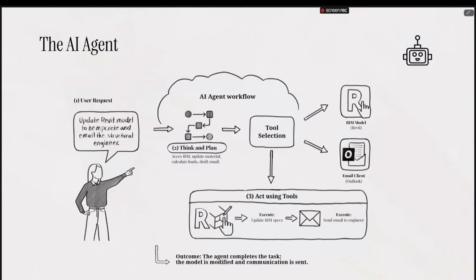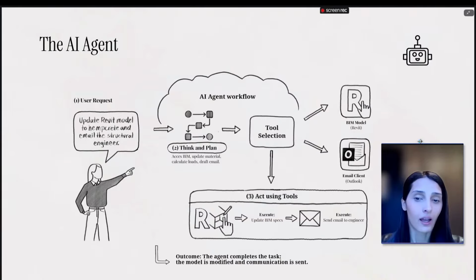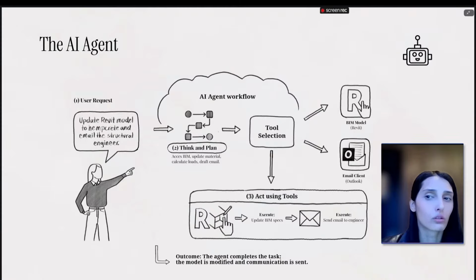In this case, it's a BIM modeling tool, so maybe Revit, like we're using, and the email. And that would just go in the background. It would connect to MCP servers. It would connect all the things that we talked about before, and it would do it automatically.